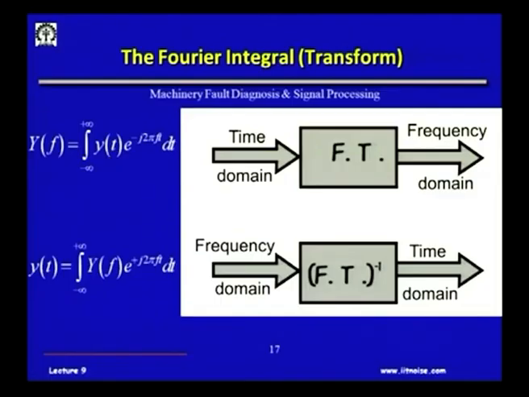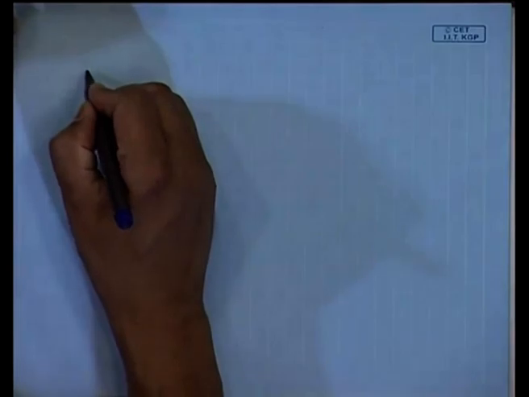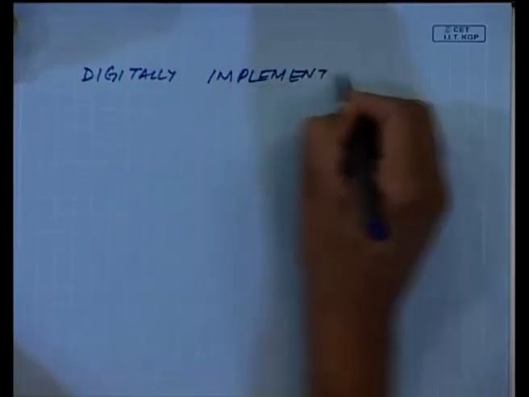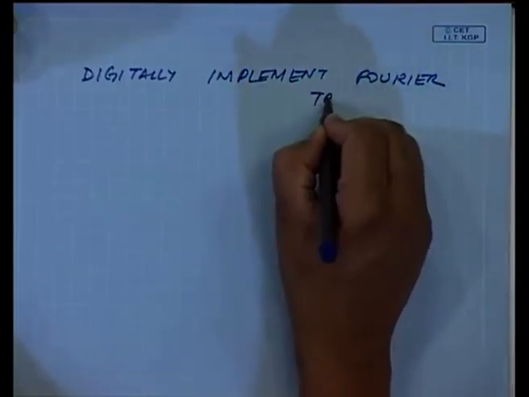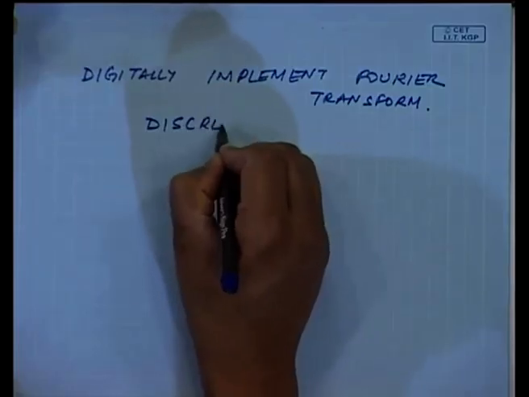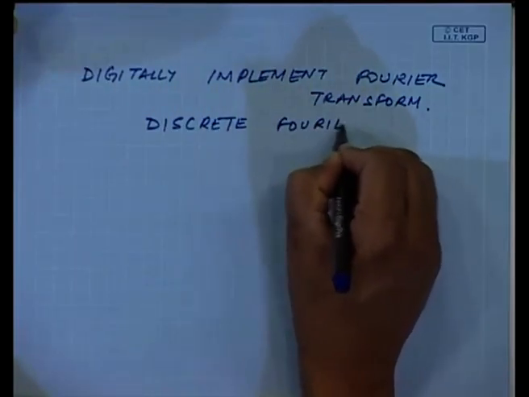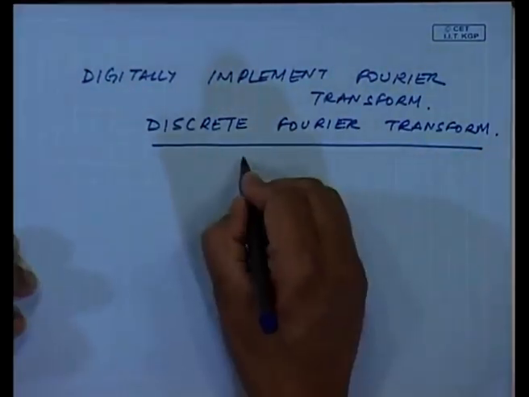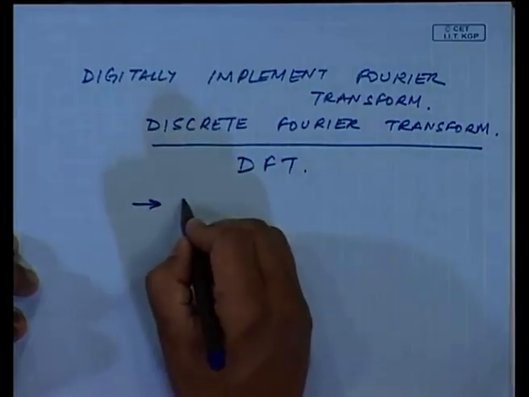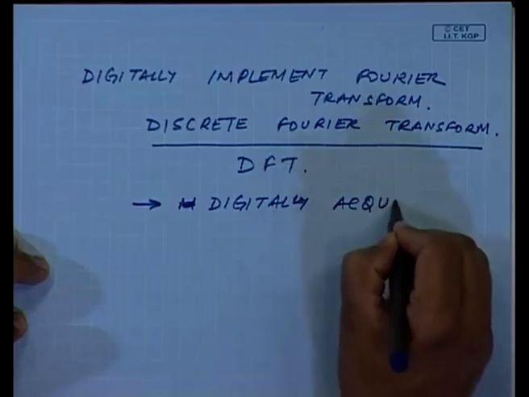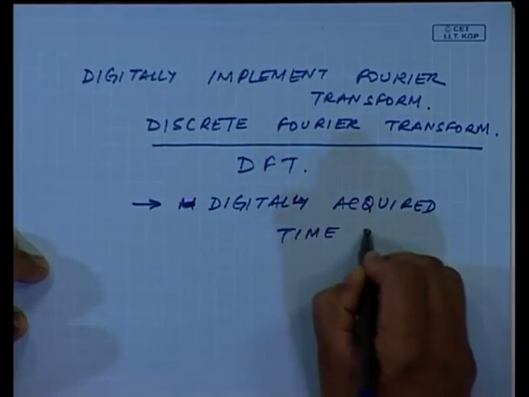Okay. So, to digitally implement the Fourier transform, sometimes known as the discrete Fourier transform or DFT, I need to have digitally acquired time data.